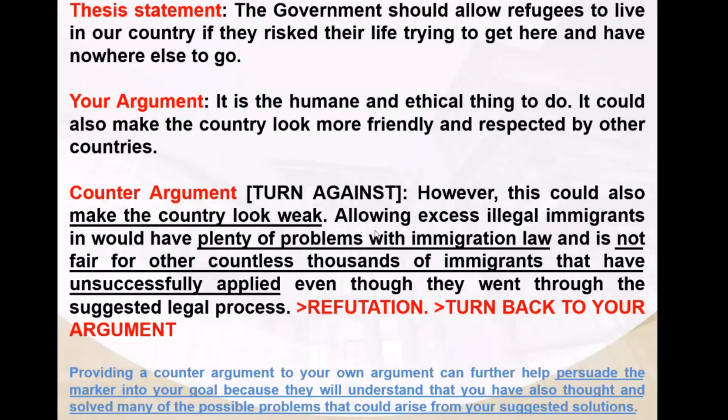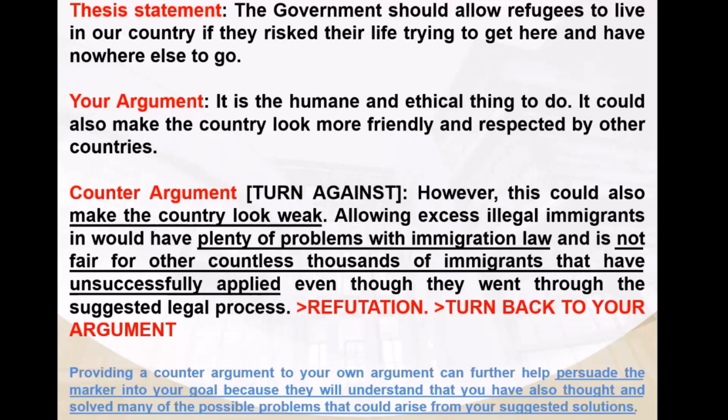Allowing excess illegal immigrants in would have plenty of problems with immigration law and is not fair for the countless thousands of immigrants that have unsuccessfully applied. So they argue that if you allow them in, first, it will make our country look weak. Second, it will create problems with immigration laws. Third, it will be unfair to those immigrants who tried to apply but were unsuccessful.